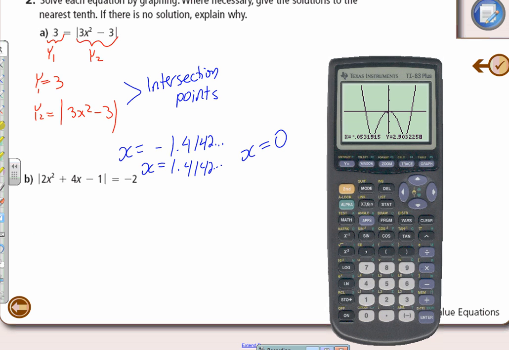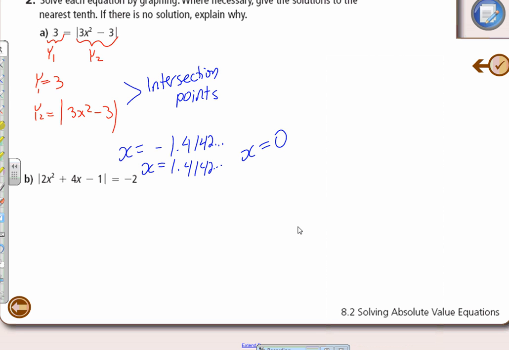Alright, so let's go back to Zoom Standard. You always want to start on Zoom Standard, and then let's put in the second one. So then we're doing y1 for one side and y2 for the other side. Plug those two in.